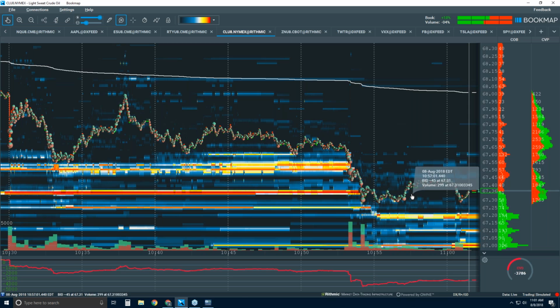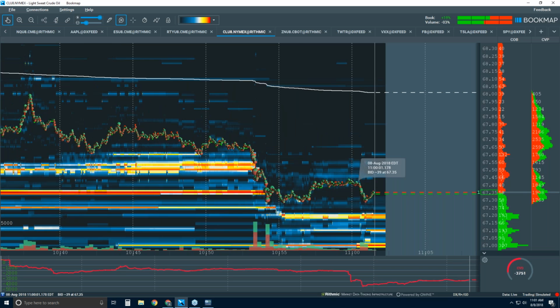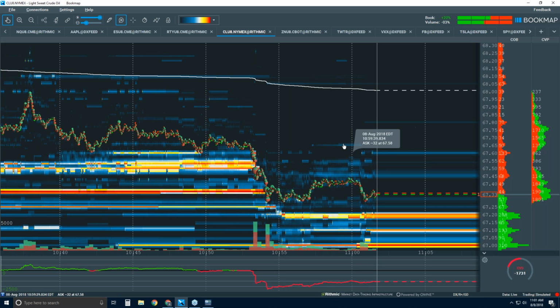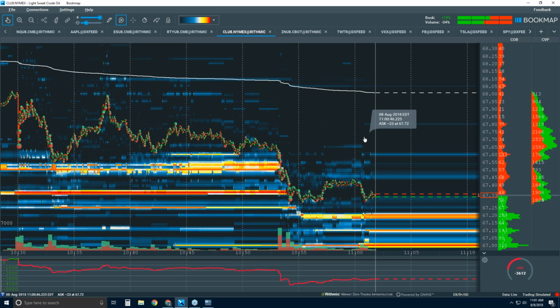So start to look for maybe something else. Start to look for maybe them starting to raise the bid. Maybe look for the green dots here. Look for the buyers starting to lift the offer. Look for maybe targets of higher liquidity to start to come into the book, and potential reversal.